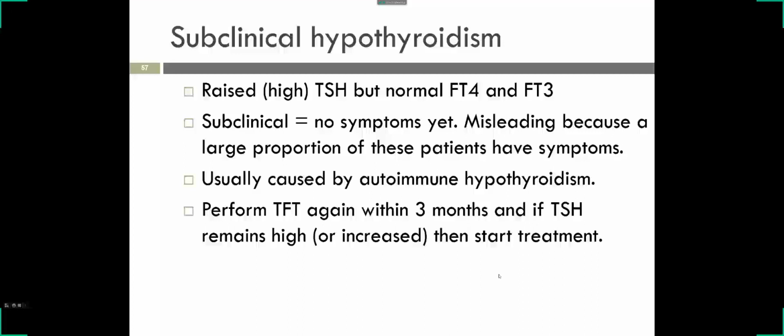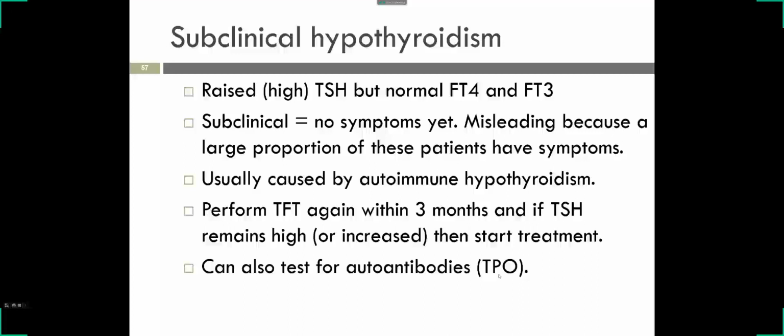So, in this case of raised TSH but normal free T4, what you would do is perform the TFT measurements again within 3 months. And if the TSH again remains high or is increased, then you might consider starting the treatment for the patient.